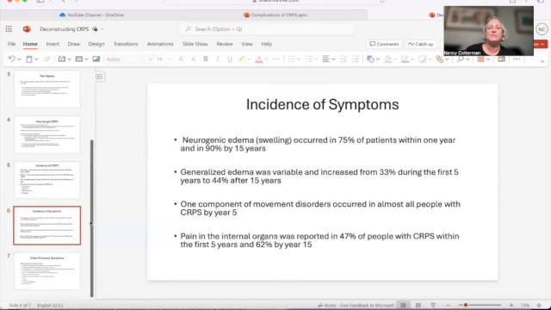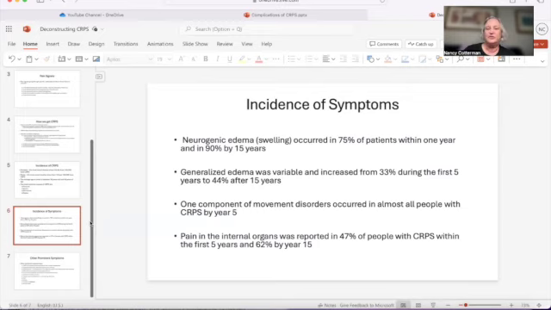Incidence of symptoms. Neurogenic edema or swelling occurred in 75% of patients within 1 year and 90% of patients within 15 years. Generalized edema or swelling was variable and increased from 33% during the first 5 years to 44% after 15 years.